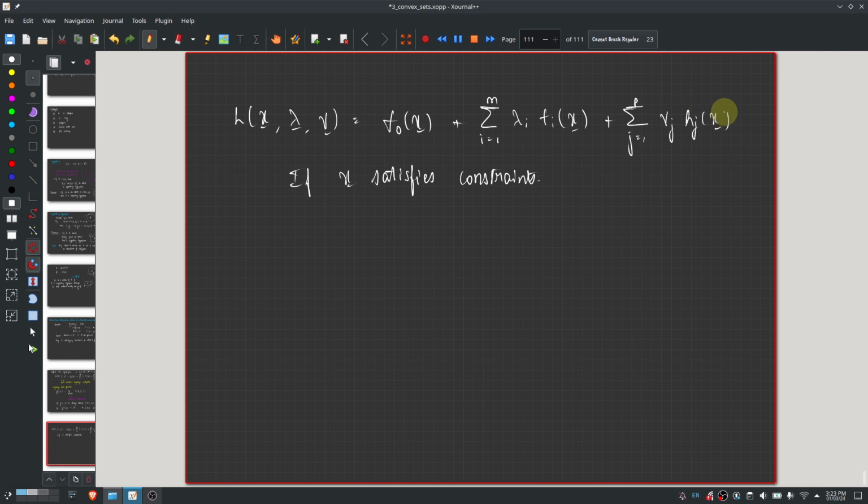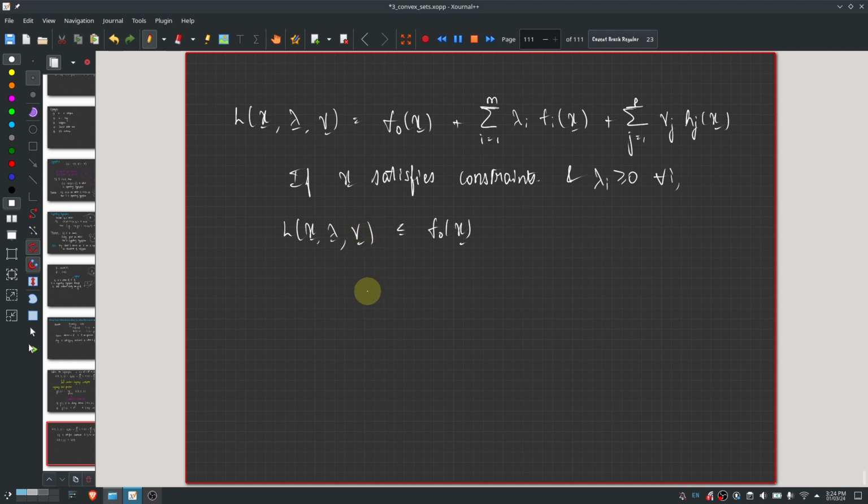So each of these terms would be equal to 0, and if all the lambda_i's are also greater than or equal to 0, then each of these terms would be less than or equal to 0. So L of x, lambda, nu would be less than or equal to f0 of x. This is true for all x that satisfies the constraints, for all lambda, and for all nu.